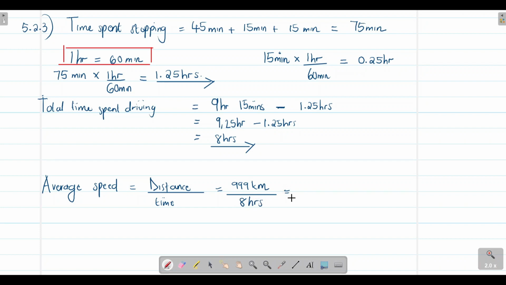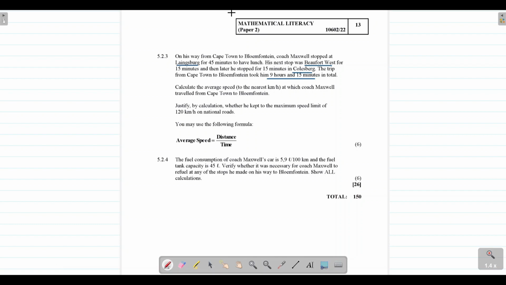So if you take 999 divided by 8 hours, you will find that his average speed was 124.875 kilometers per hour. So that was his average speed, or the speed that he was traveling at on the national road.